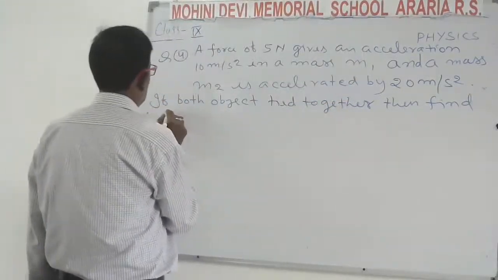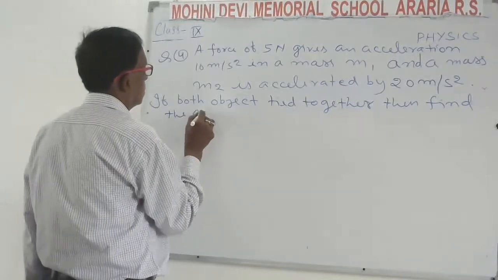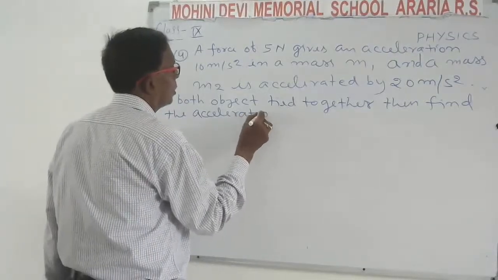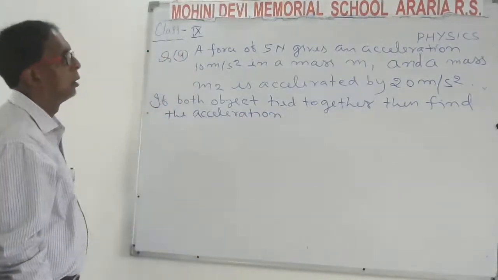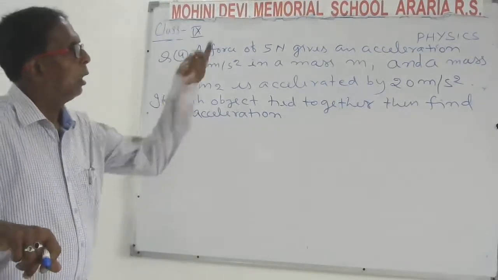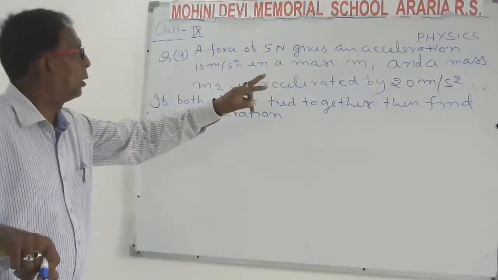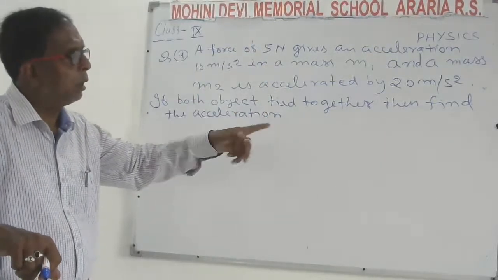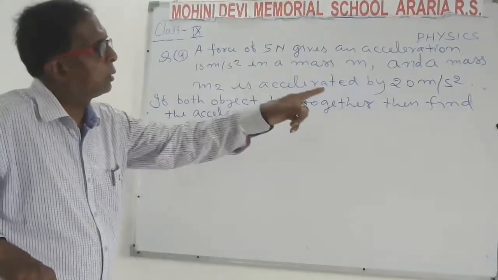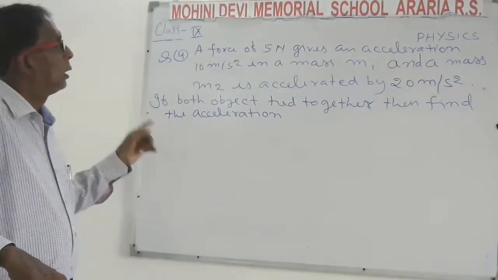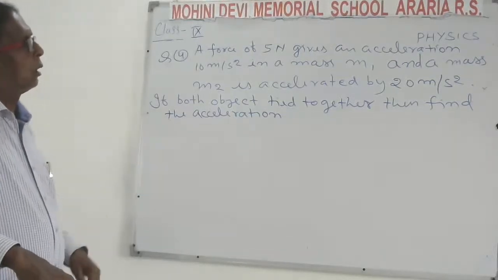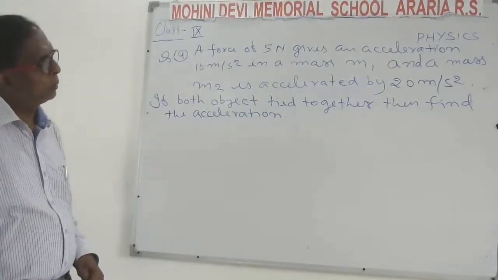A force of 5 Newton accelerates an object having mass m1 by 10 meters per second square, and another object having mass m2 is accelerated by 20 meters per second square. Then if both m1 and m2 are tied together, what is the acceleration produced in that object?